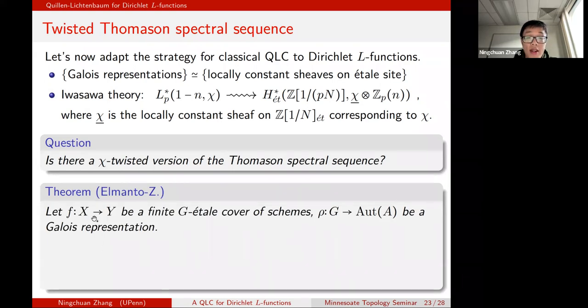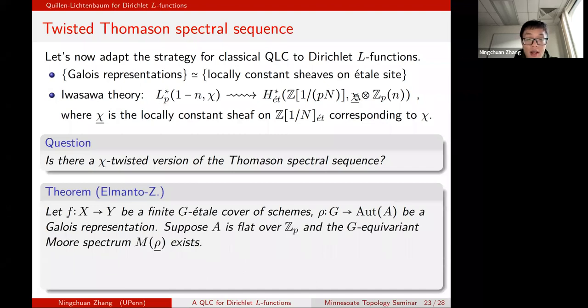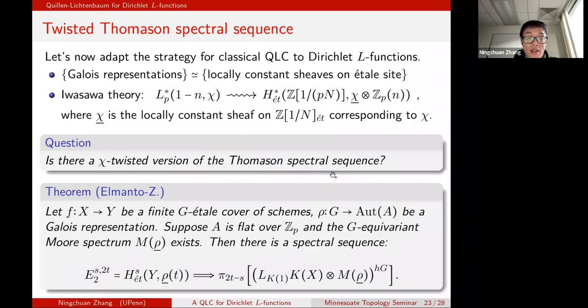Actually, we can state things more generally. If you have a finite étale cover of schemes and you have a G representation, then suppose A is flat over Z_p and the Moore spectrum exists, then we have a Thomason type spectral sequence. In the E2 page, the coefficient is no longer Z_p, but rather something twisted by the character.